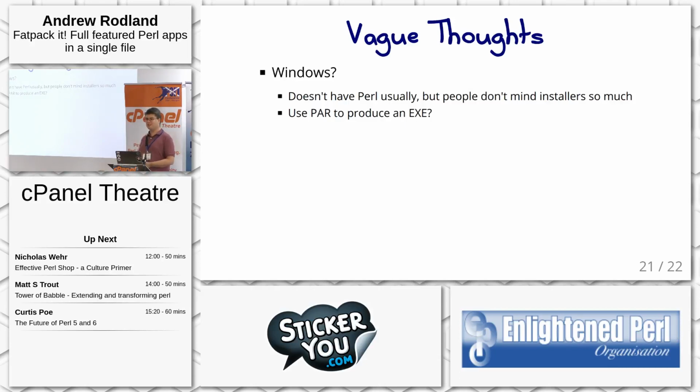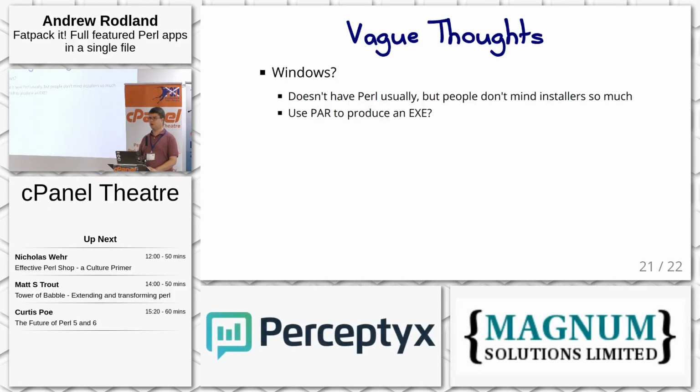If you have a Windows system, you can probably count on it not having Perl. Well, Windows users are more friendly to installers. So one thing that you can do is bundle your application with an installer. If you want to go to that effort, say, OK, install Active Perl or Strawberry Perl for me. And then just bundle your Fatpack into that, and they'll be able to run it that way.